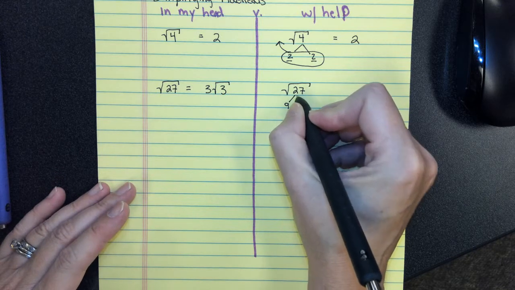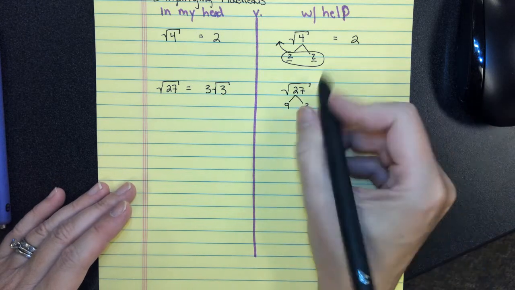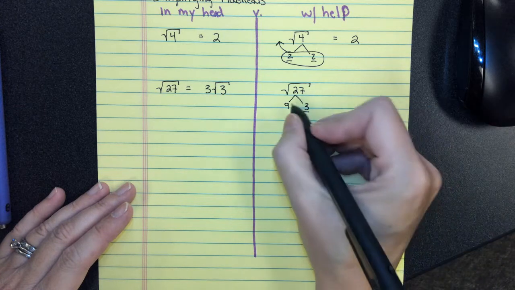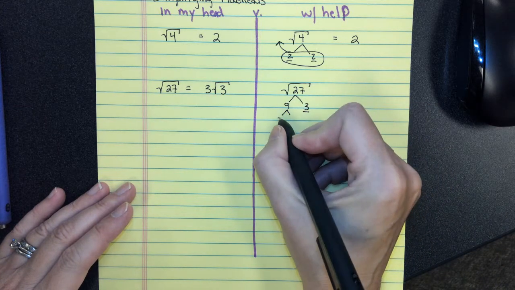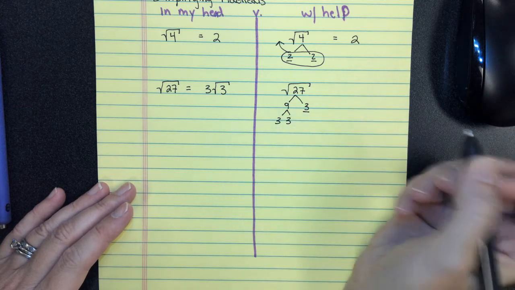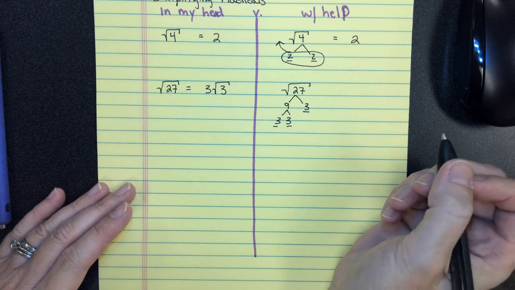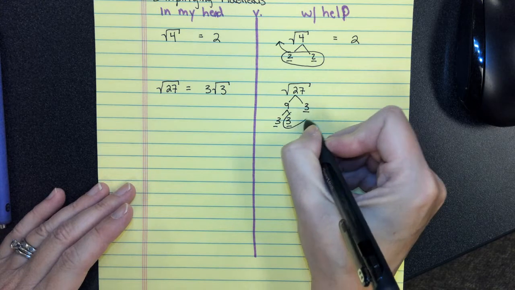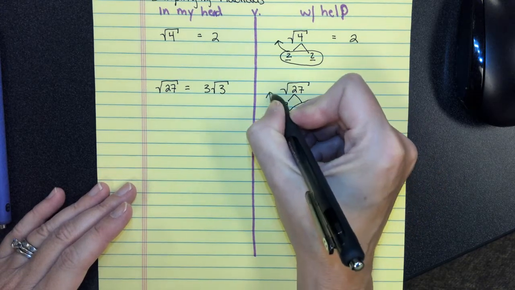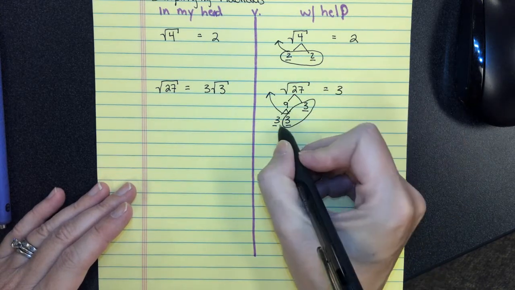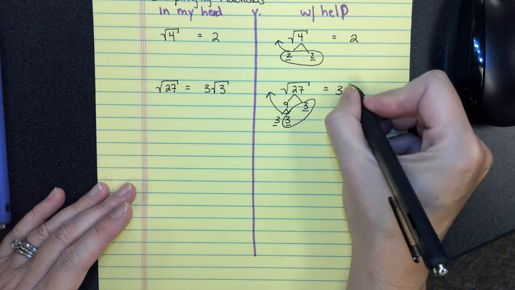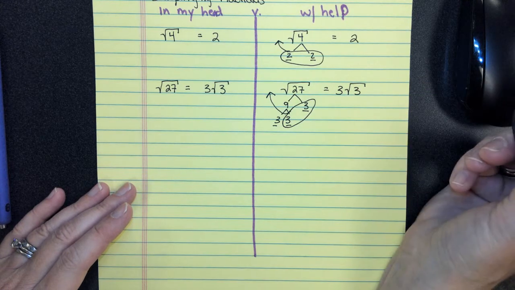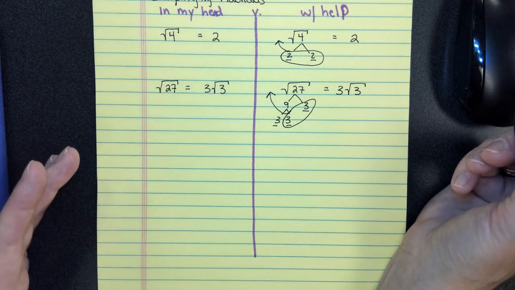I have 9 and I have 3. 3 is prime, 9 is not. I have 3 and 3. These are now primes. Partners leave the house, and the partner can actually be right over here. So they left. Who stayed behind? That guy right there. Same answer, just a little bit of work.